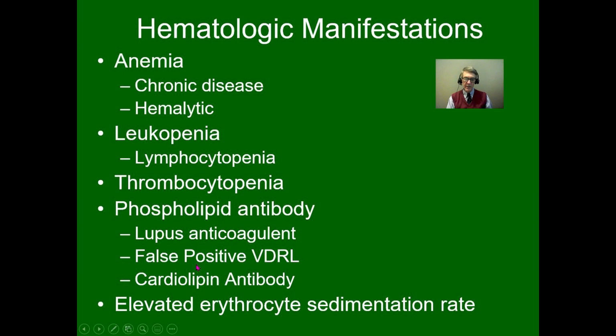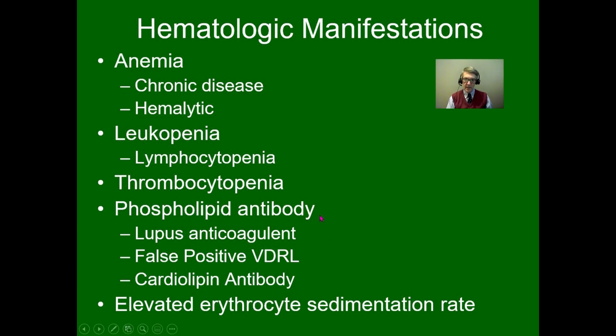Previous classification criteria for lupus used a false positive VDRL, Venereal Disease Research Laboratories. This is a syphilis test, and it's thought that's a phospholipid antibody. Or they can have cardiolipin antibodies, or more recently, anti-beta 2 glycoprotein antibodies have been associated with this.